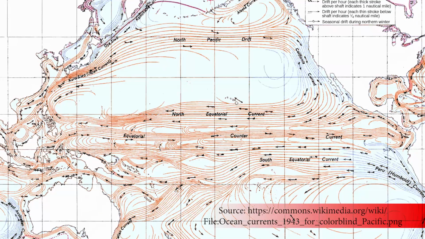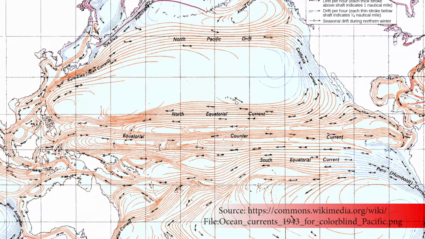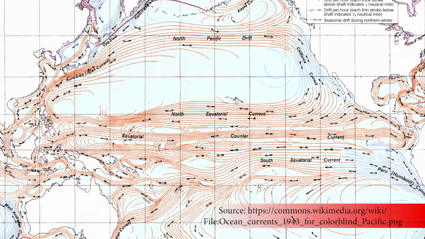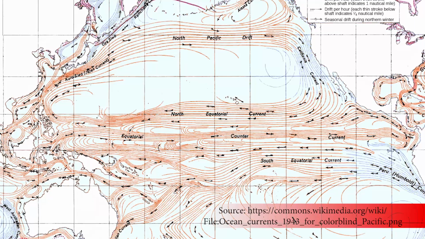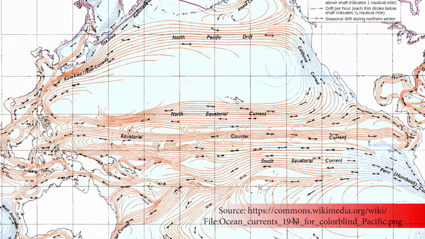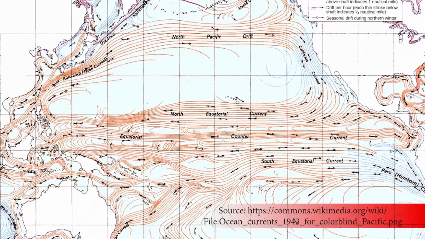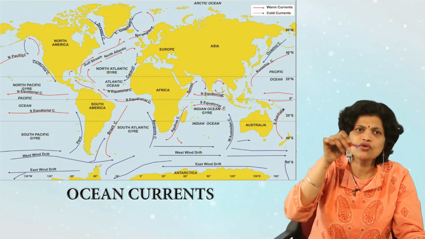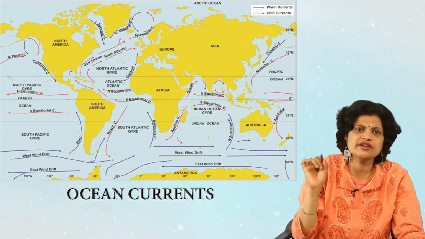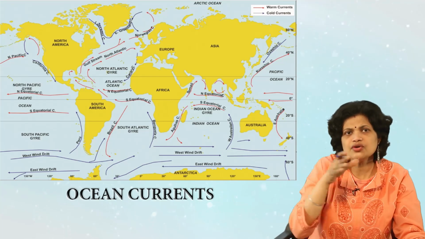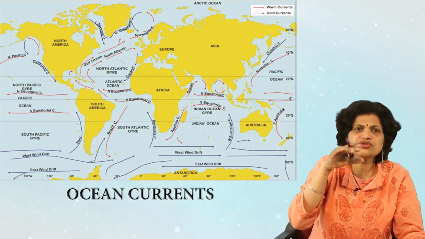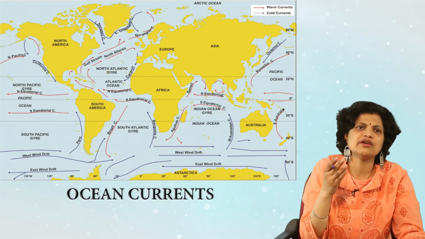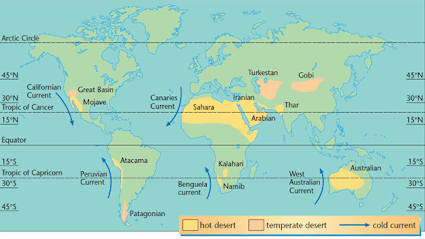It is again a warm current, and when it reaches the American coast, it is relatively cool, and then it again deflects to the right as California cold current. So you see most of the cold currents like Canary cold current and California cold current are offshore, and they produce a cooling effect, and they don't bring rains since these currents are cold.